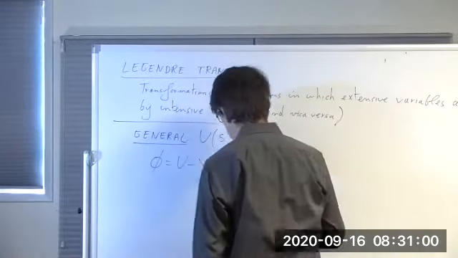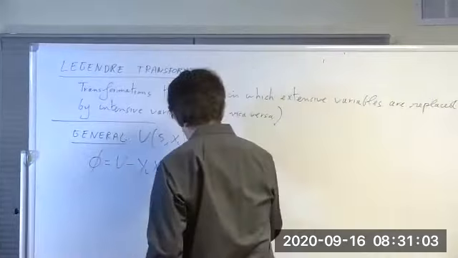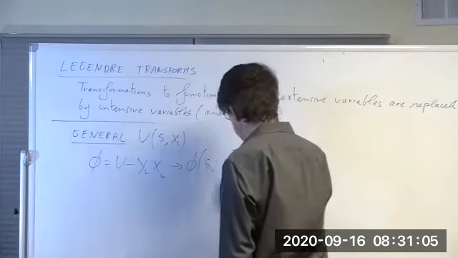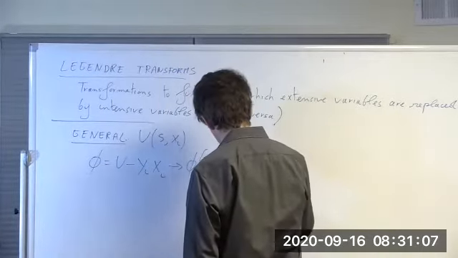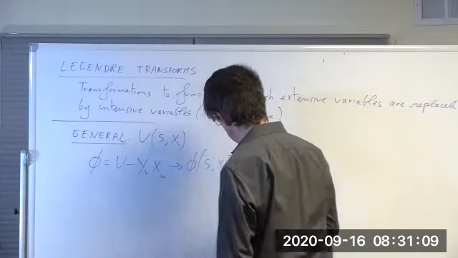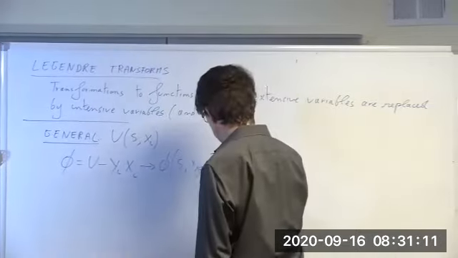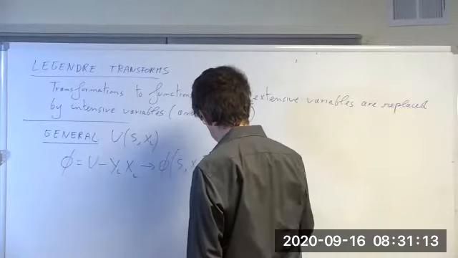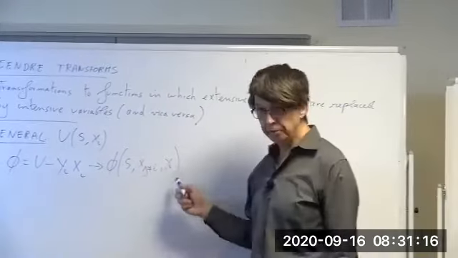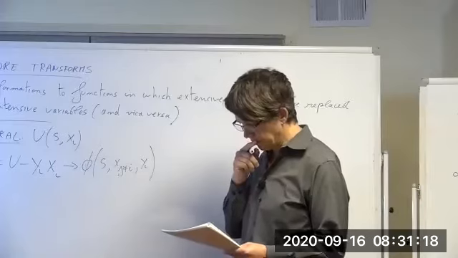So phi will be a function of S, all the x_j that you didn't Legendre transform, the x_j not equal to i, and y_i. That will be your new variable dependence in the Legendre transform.